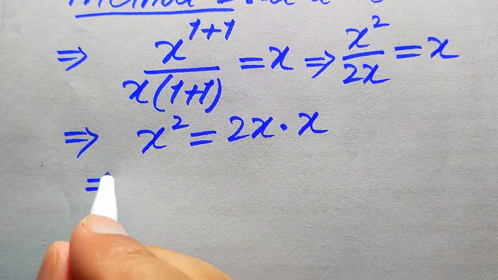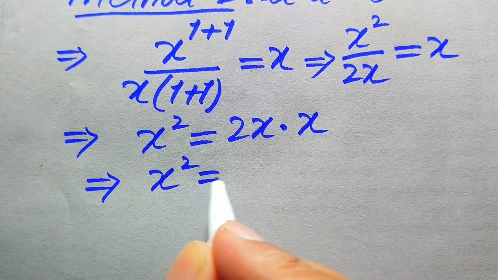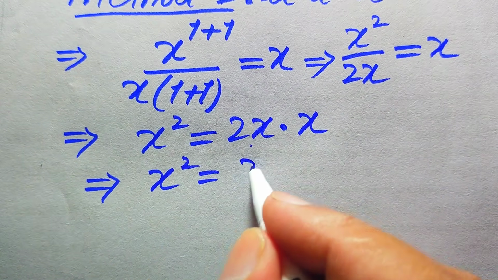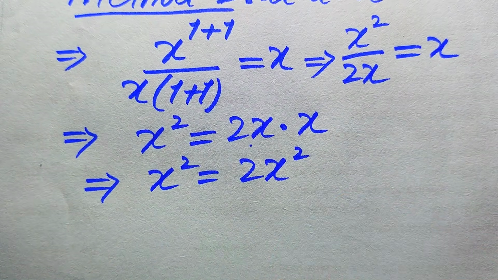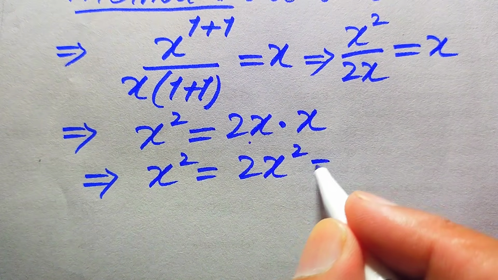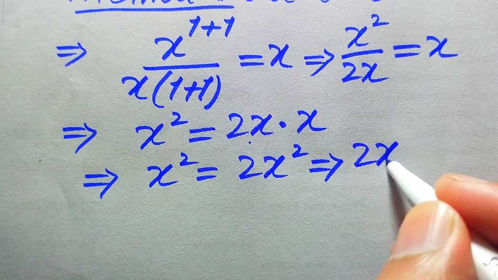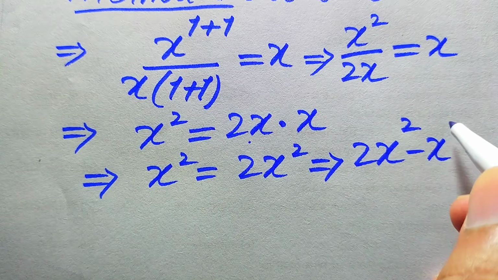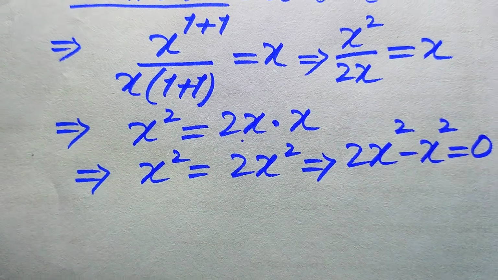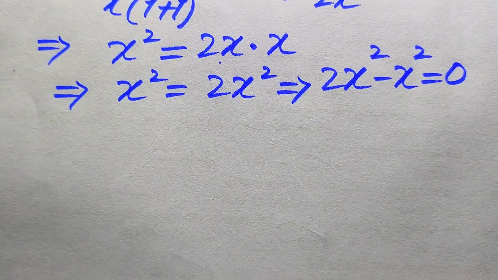And in the next step, x squared is equal to 2x times x becomes 2 times x squared. And further, we move the term x squared from the left hand side to the right hand side and we get 2x squared minus x squared, and this whole equation is equal to 0.